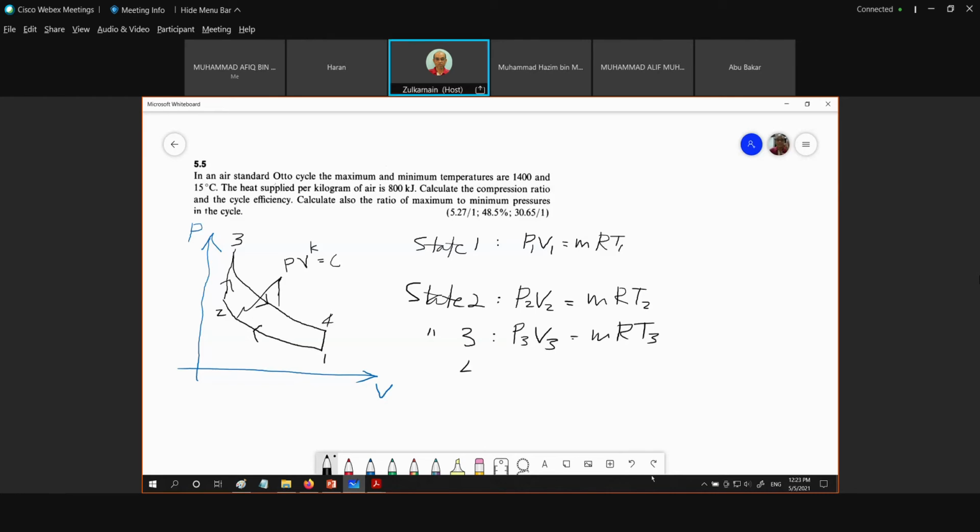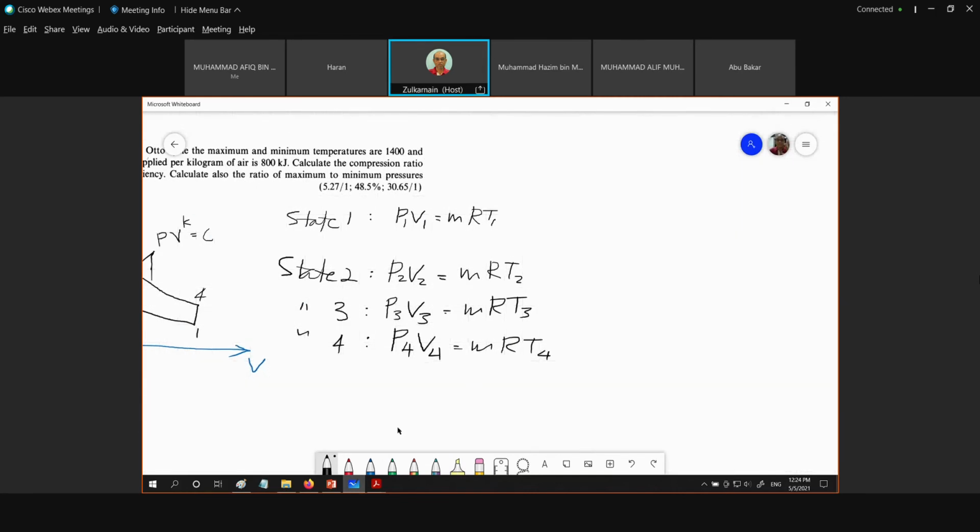And lastly, for state 4, P4 V4 equal to mRT4. This is the ideal gas equation of state for states 1, 2, 3, and 4.